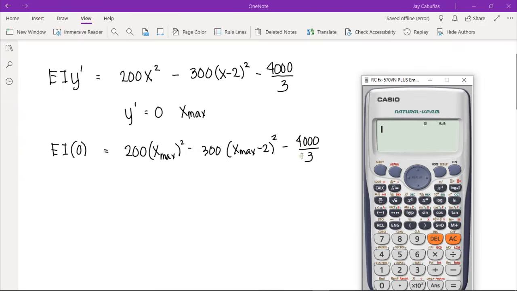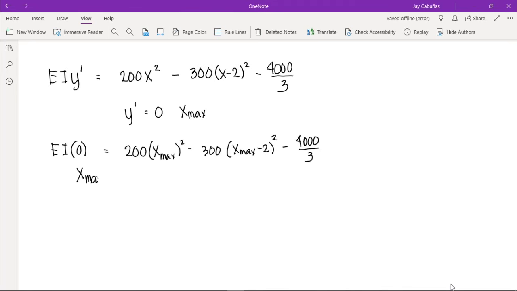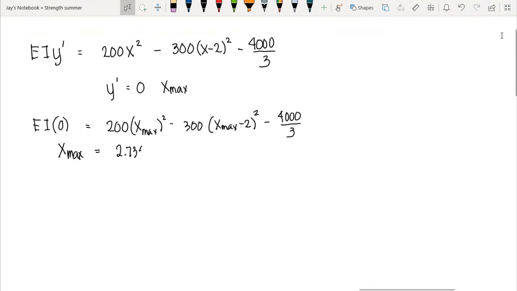So we input everything on our calculator: 200 x squared minus 300, then the parenthesis x minus 2 squared, minus 4,000 over 3, then equals 0. So we have the value of x here, just shift solve, then we have 2.734, that's the value of x. X maximum is equal to 2.734 meters from A.